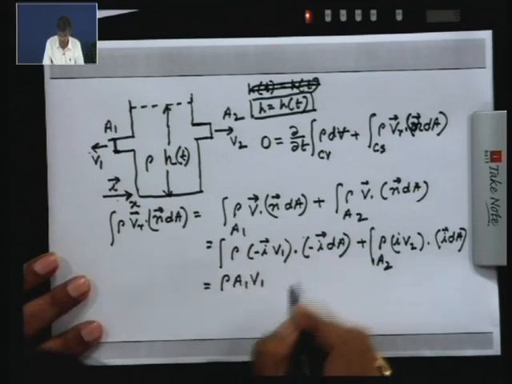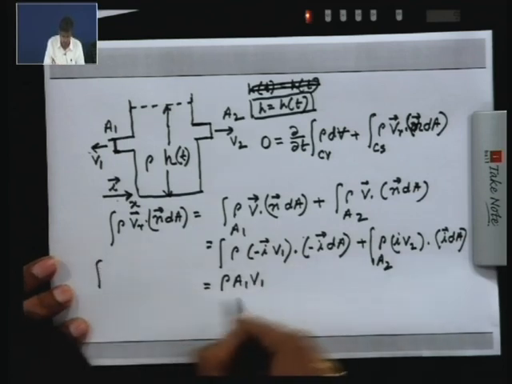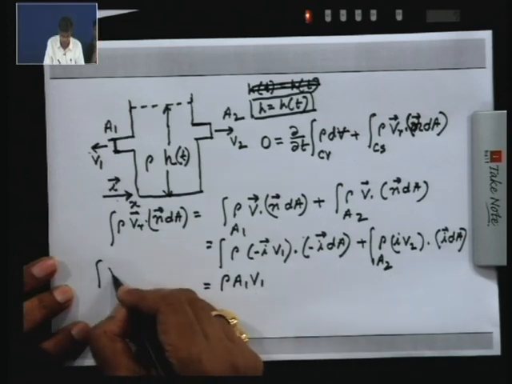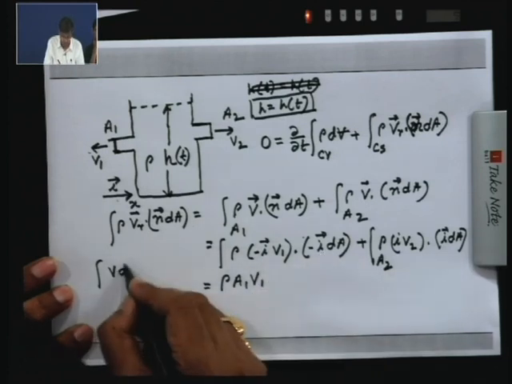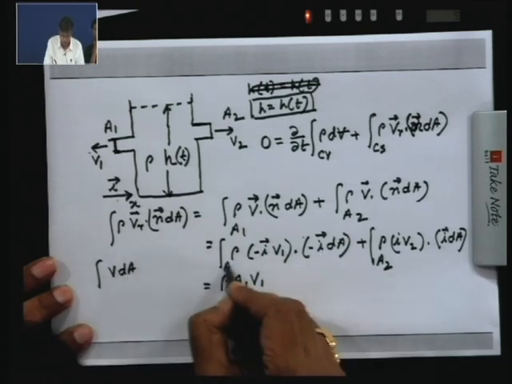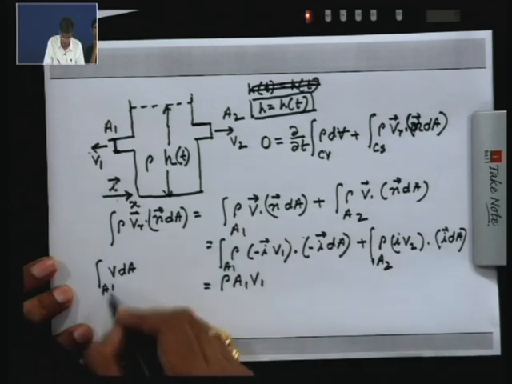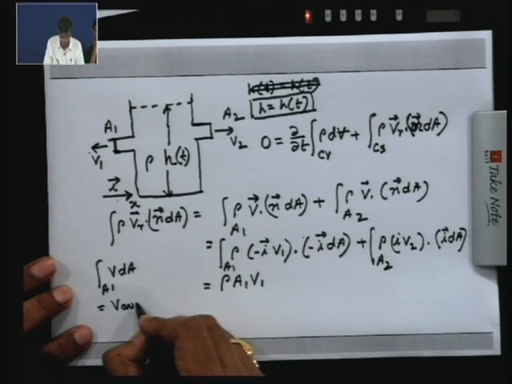Even if V1 is not constant, we can write a similar thing, using an average velocity. The integral of V dA over the area A1 is, by definition, V average for area A1 times the area A1.